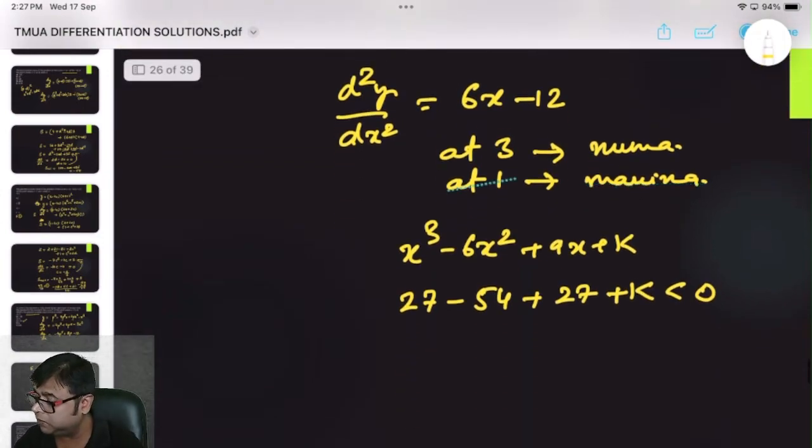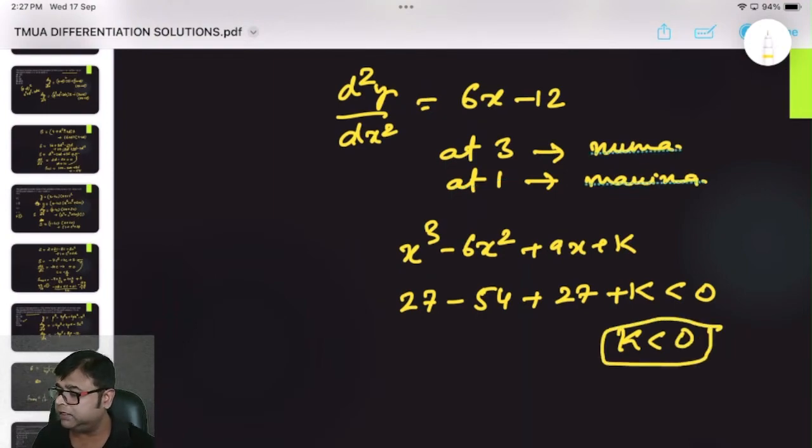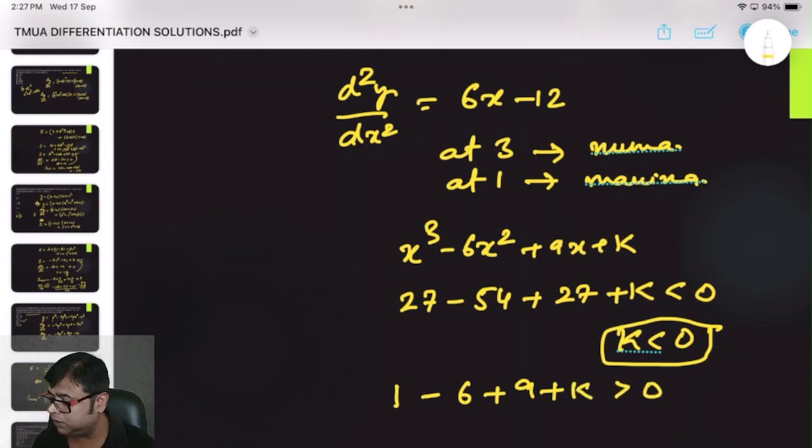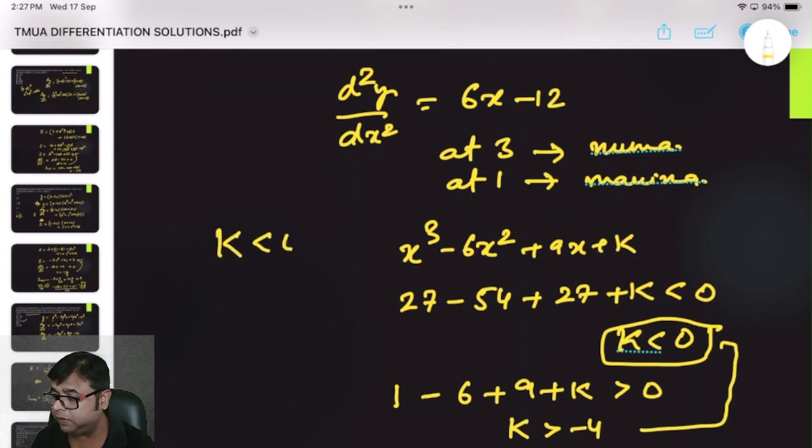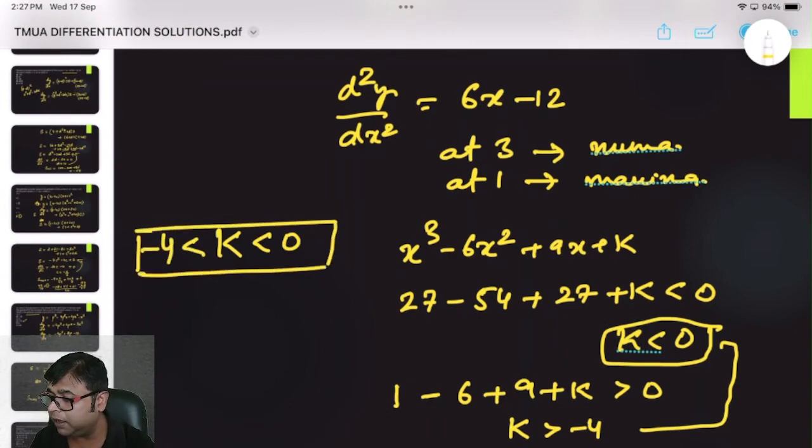So it becomes k less than 0. So this is one condition. The second condition is if I put 1 in the function, I will get 1 minus 6 plus 9 plus k. Now this should be greater than 0, because at the point of maximum the value should be positive. So k should be greater than minus 4. So combining both these cases, my solution becomes k should be less than 0 but greater than minus 4. So this is the condition on k for three distinct real solutions.